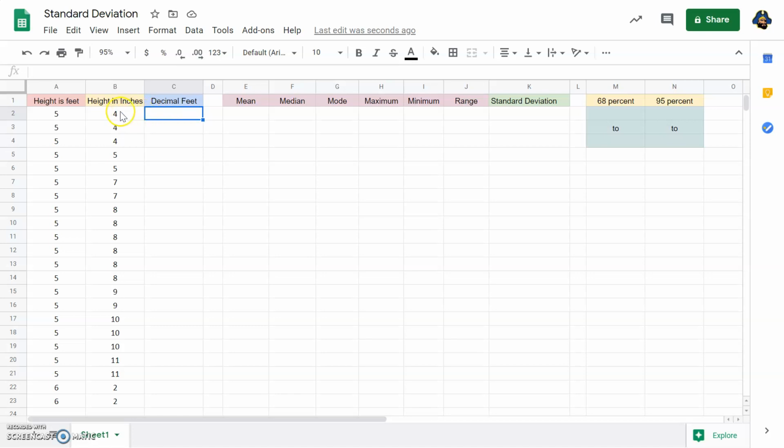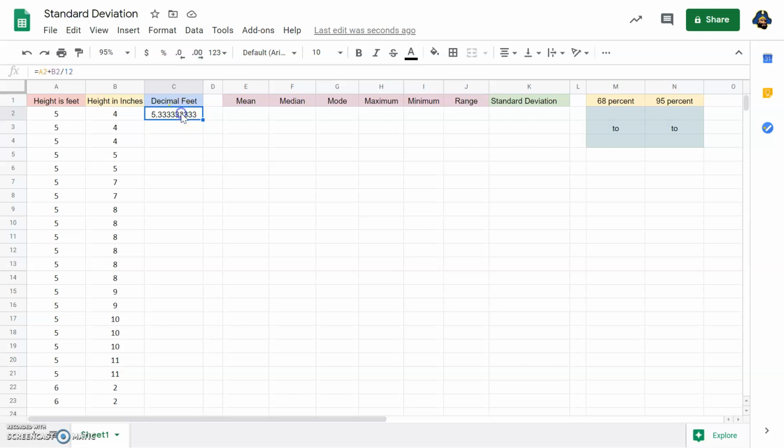Okay? First, we're going to start with the equal sign. Then we're going to have feet plus the conversion of the inches. So we're going to have 4 divided by 12. So that is 5.33 feet.